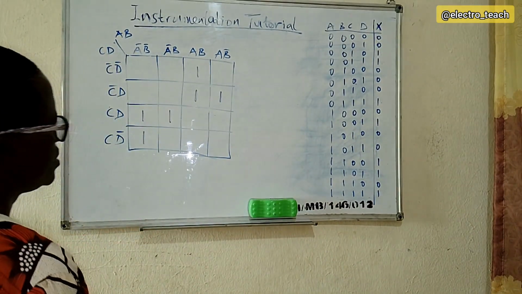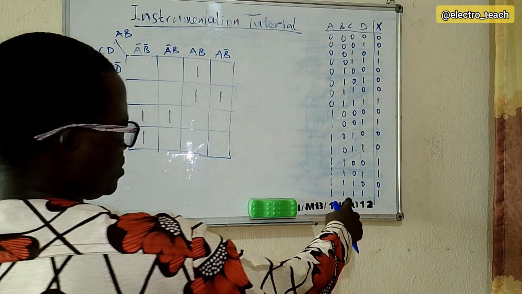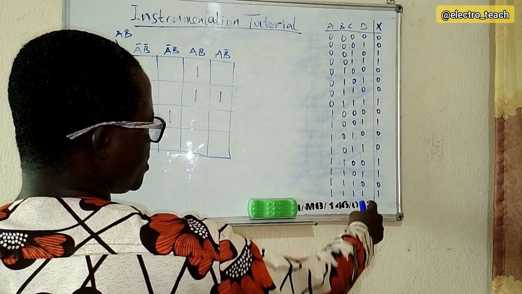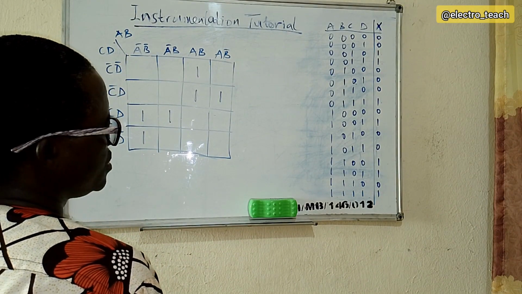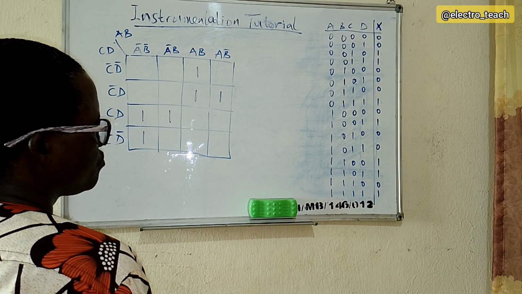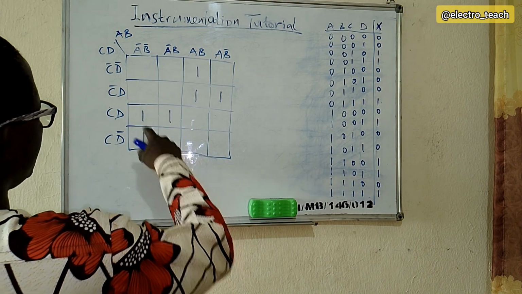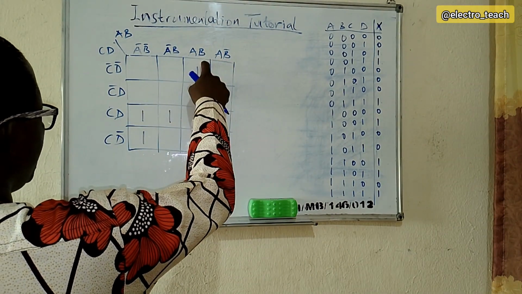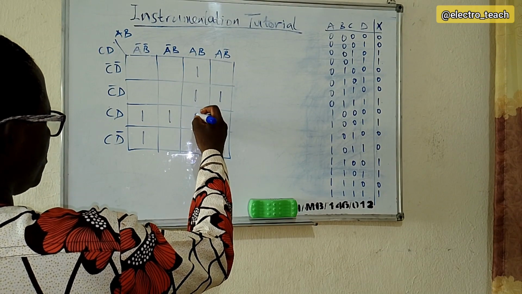And then the last one, A, B, C, D. So put 1 here.